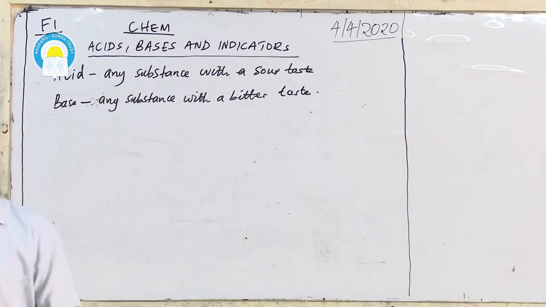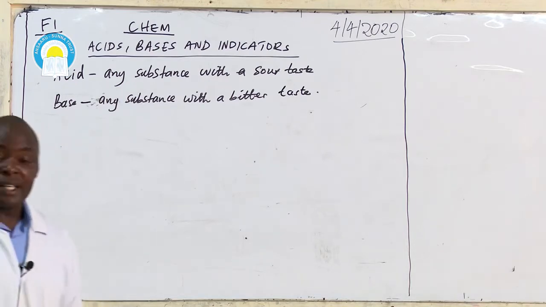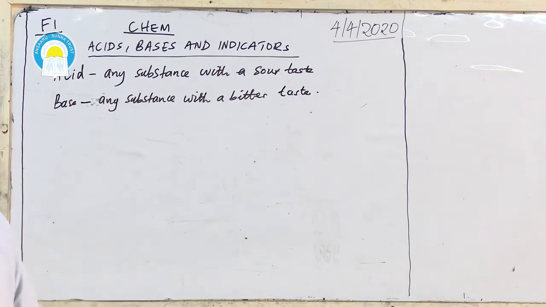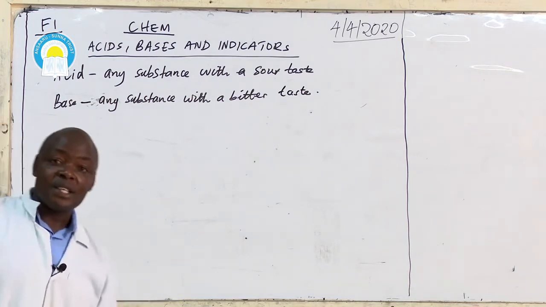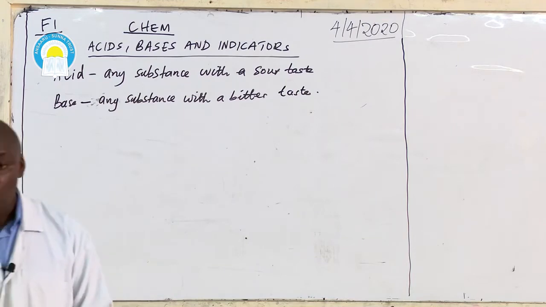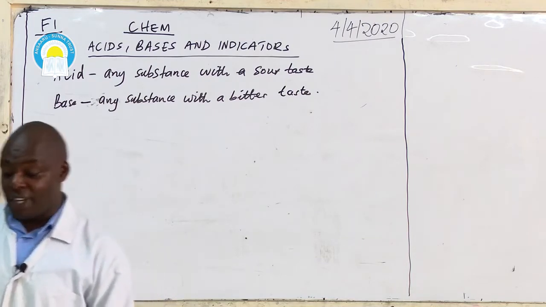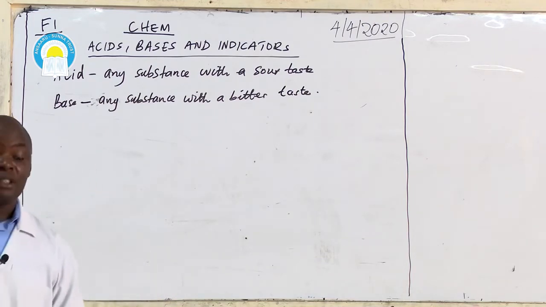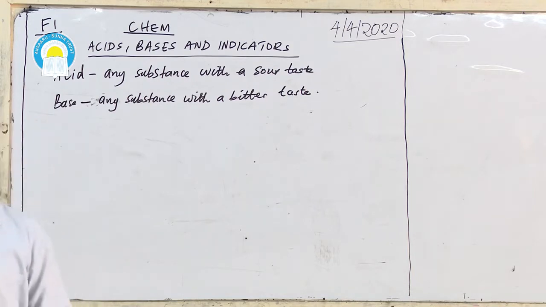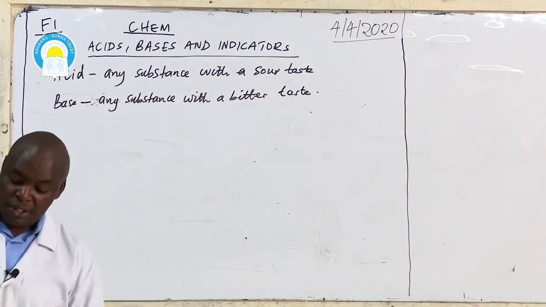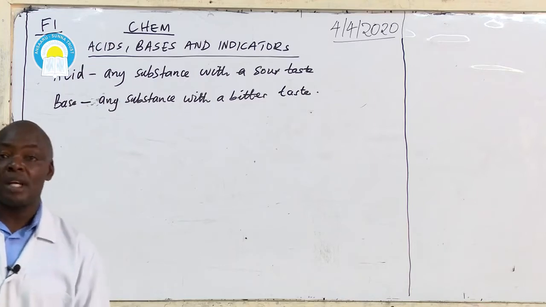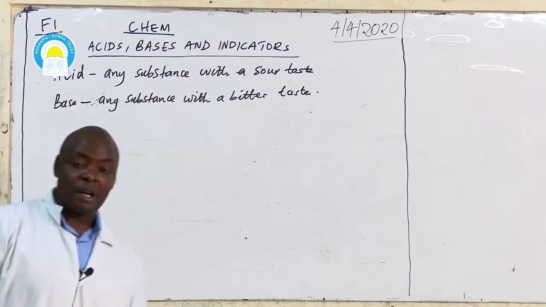For instance, you cannot taste hydrochloric acid and say it is sour, even if hydrochloric acid is present in your stomach. You cannot taste nitric acid and say it has a sour taste, therefore it is an acid, or taste sodium hydroxide and say it has a bitter taste, therefore it's a base.